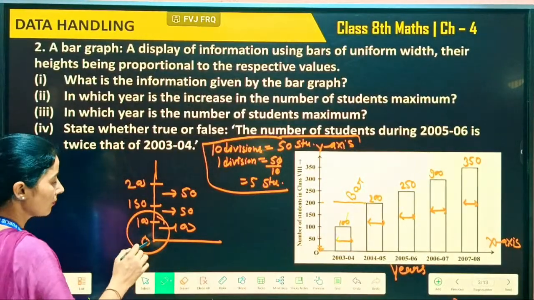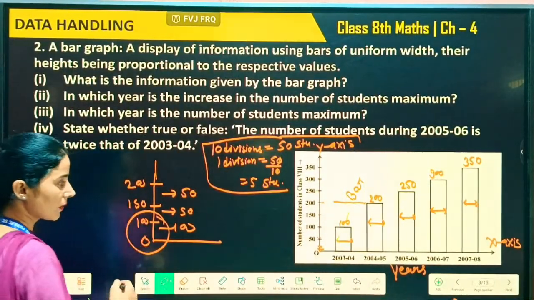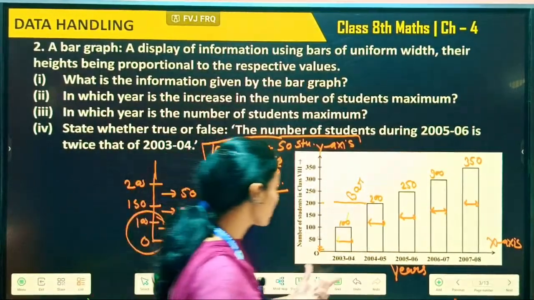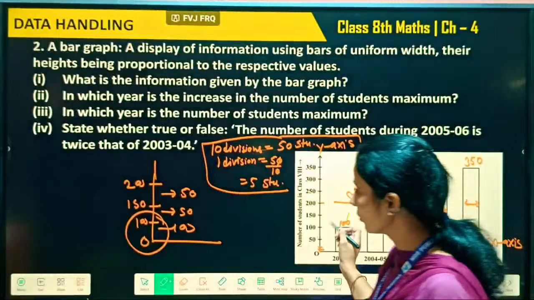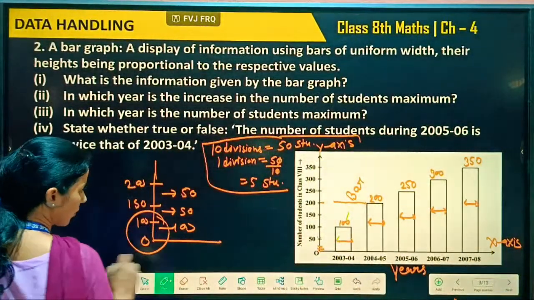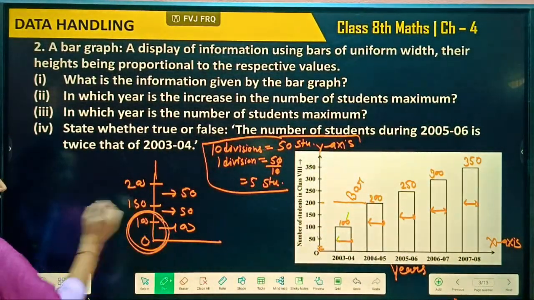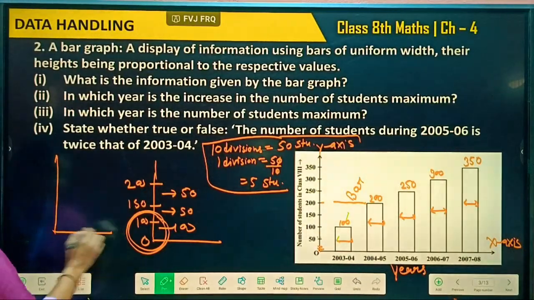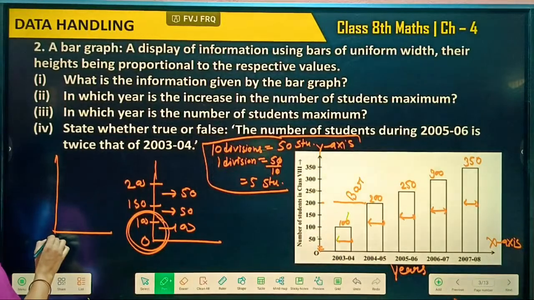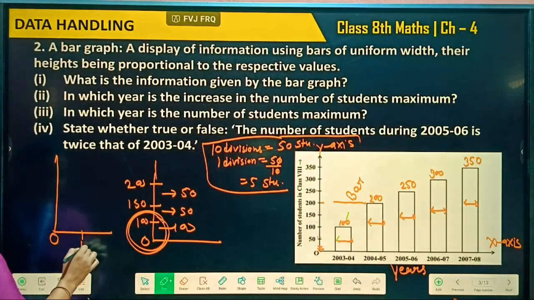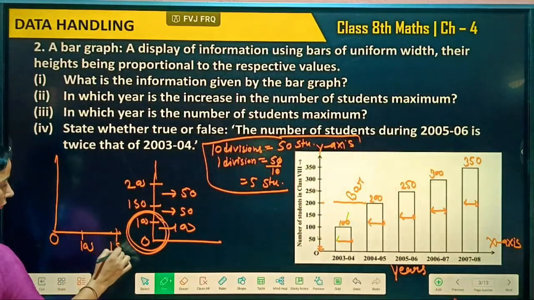So what we can do, sometimes it is not possible to represent all intervals on this x-axis or y-axis, so we can make a kink to remove this situation. How we can avoid such type of situation? Suppose there is 0 and it is 100 and next is 150.